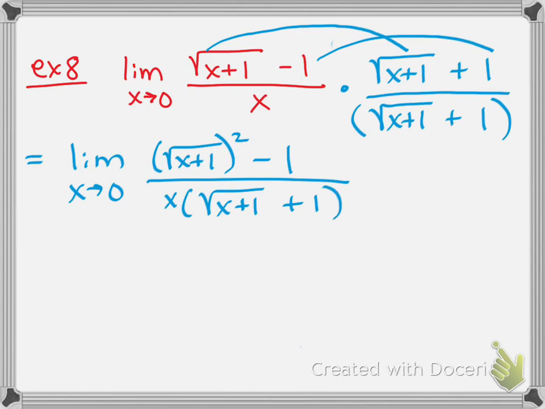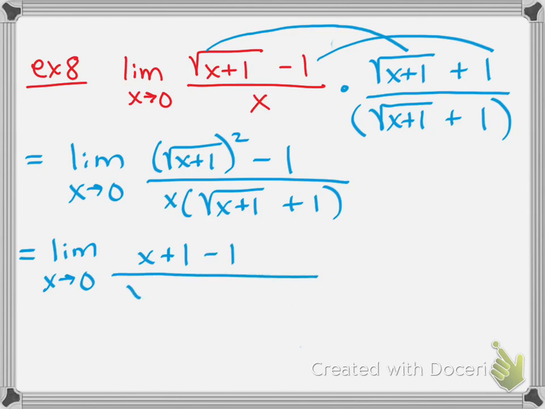Okie dokie, let's rewrite our limit. We have to keep writing limit as x approaches 0 each time until we actually take the limit, which means until we actually plug the 0 in. So when you square a square root, those are inverses of each other, and you have freed what was underneath. So that's what our new numerator is.